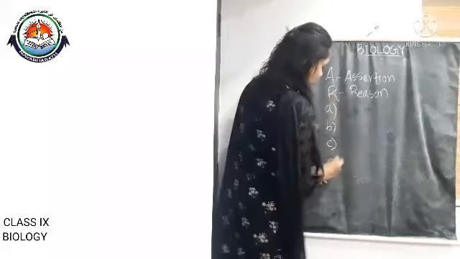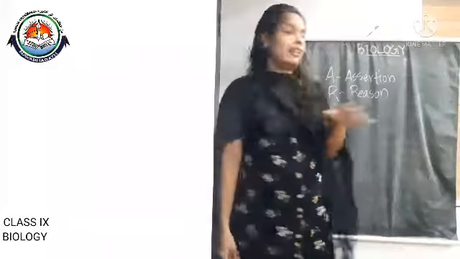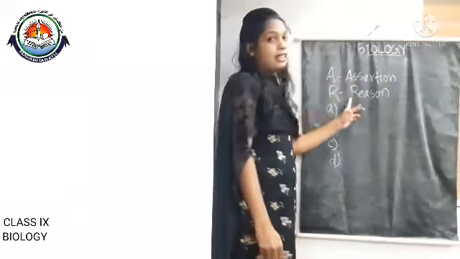And the last choice is, assertion is false, but reason is true. These are the 4 choices that will be given to you. So you need to select the right choice by reading these 2 statements. Okay.